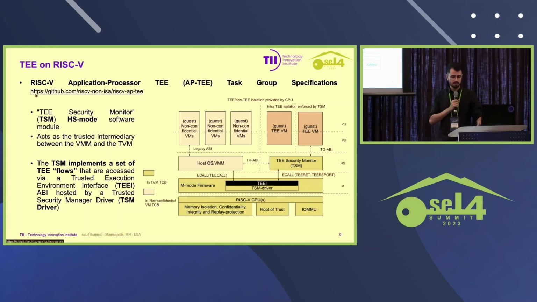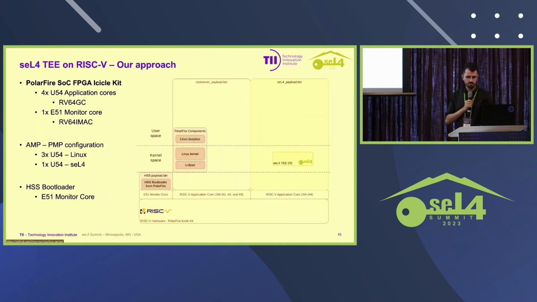So for our solution, as we don't have the HS mode, for example, in the hardware, we are using the PolarFire. And this is our architecture, what we have been working on and testing right now. Basically the PolarFire has 4 application cores and 1 monitor core.